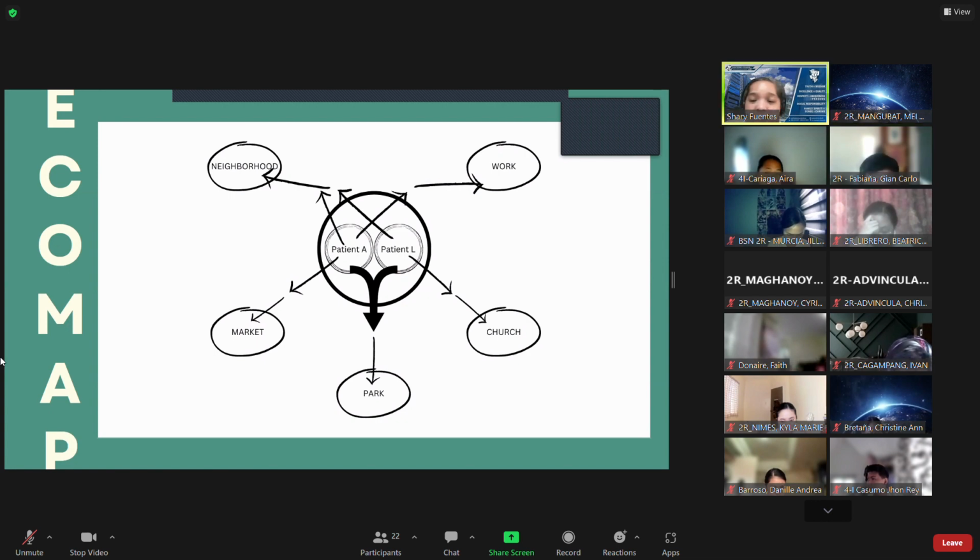Why is the arrow for going to the park bold? What makes it different from the rest of the arrows there?